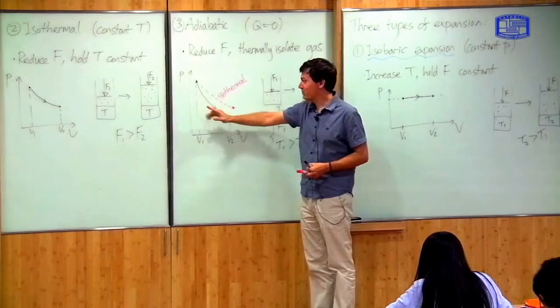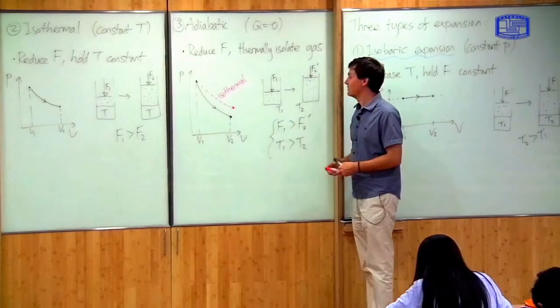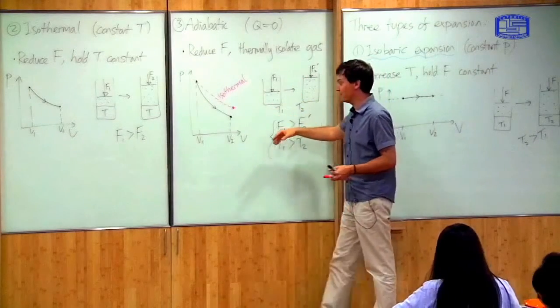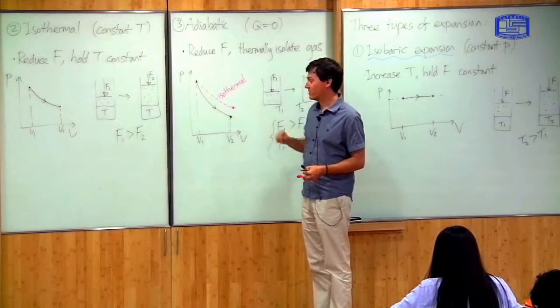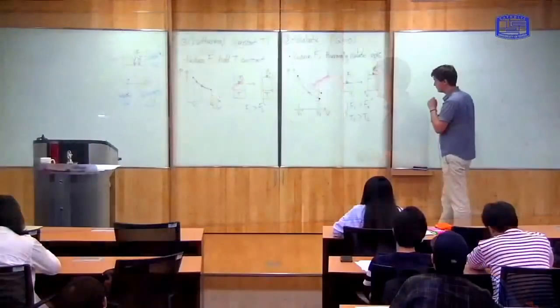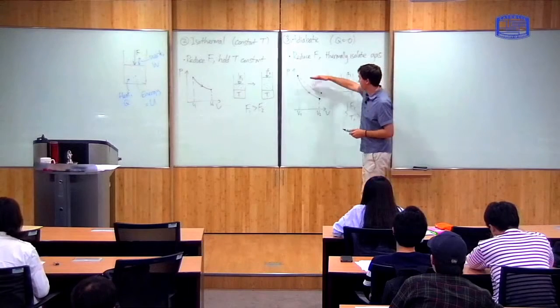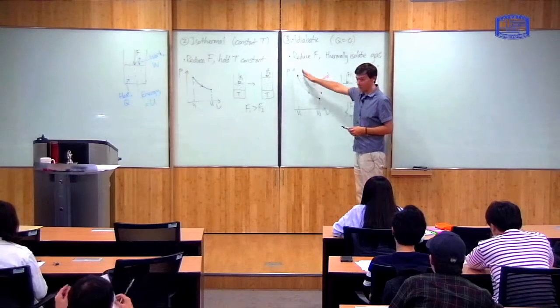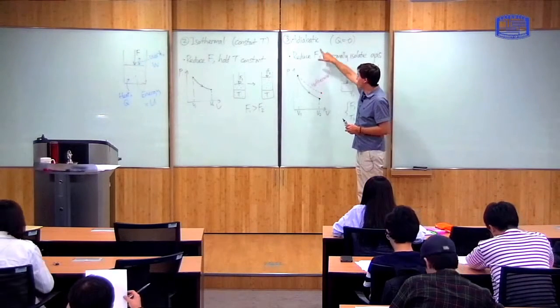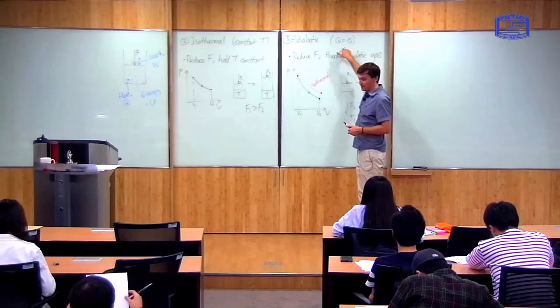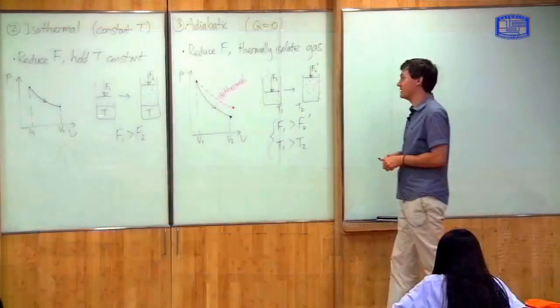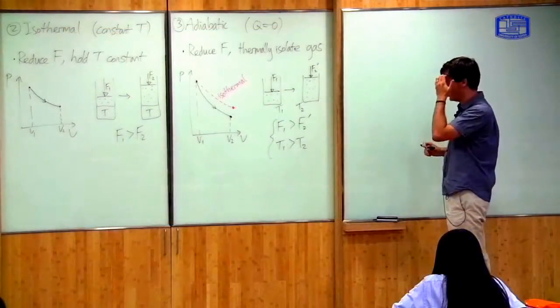It lies lower because it is using energy which is not replenished from the reservoir, and therefore the pressure drops. Okay. So we've seen three types of expansion there. The isobaric is just at constant pressure, the isothermal is where you hold the temperature constant, and finally adiabatic is where you do not allow heat to flow. These are idealized expansion procedures.